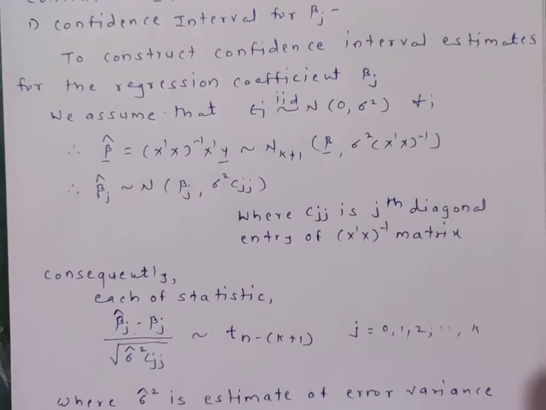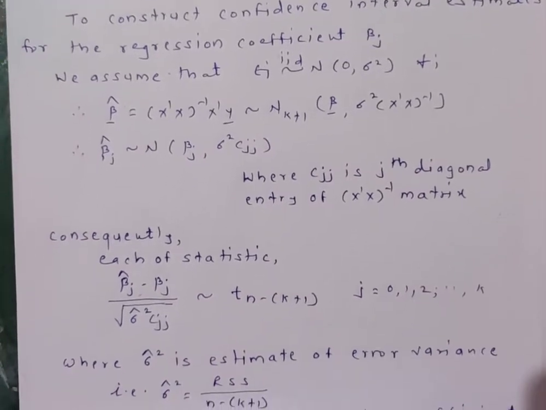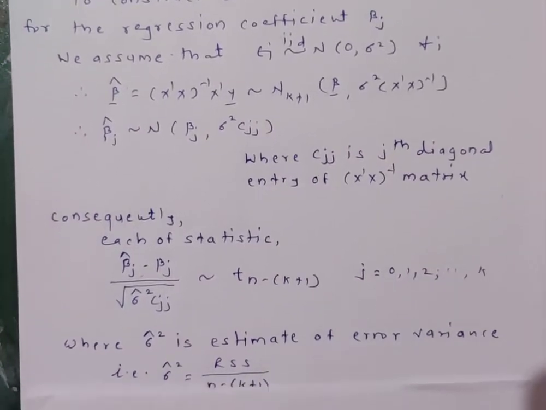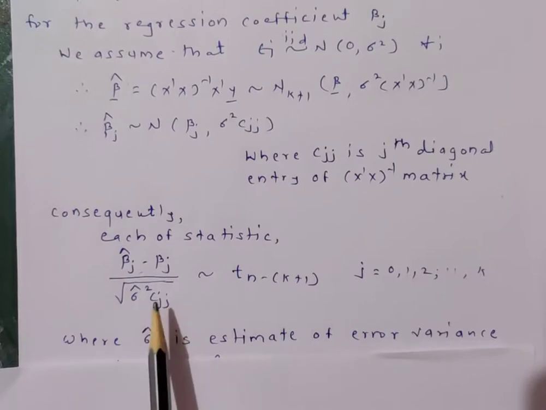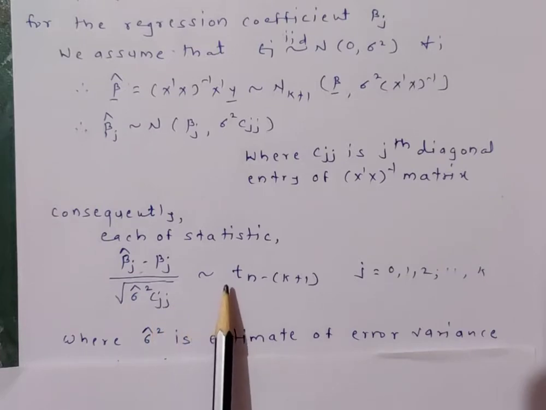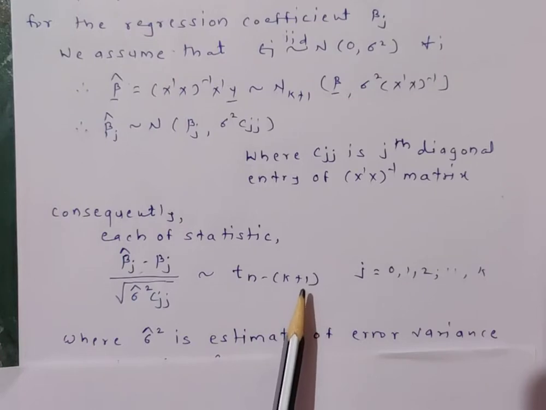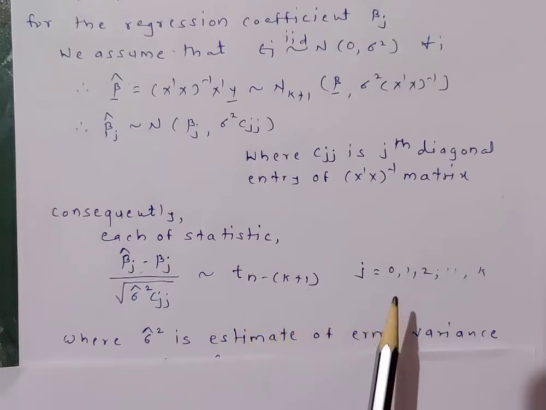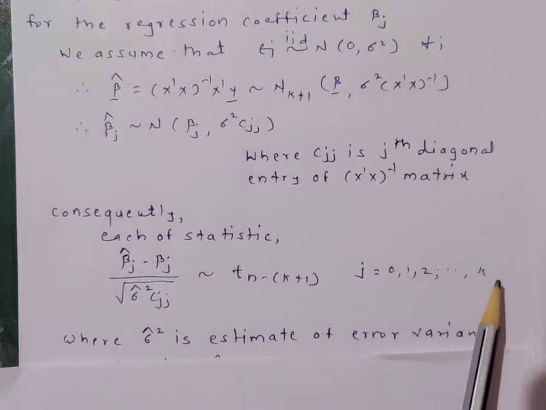Consequently, the statistic beta j hat minus beta j divided by square root of sigma hat square Cjj follows a t distribution with n minus k minus 1 degrees of freedom, and j is equal to 0, 1, 2 and so on up to k.